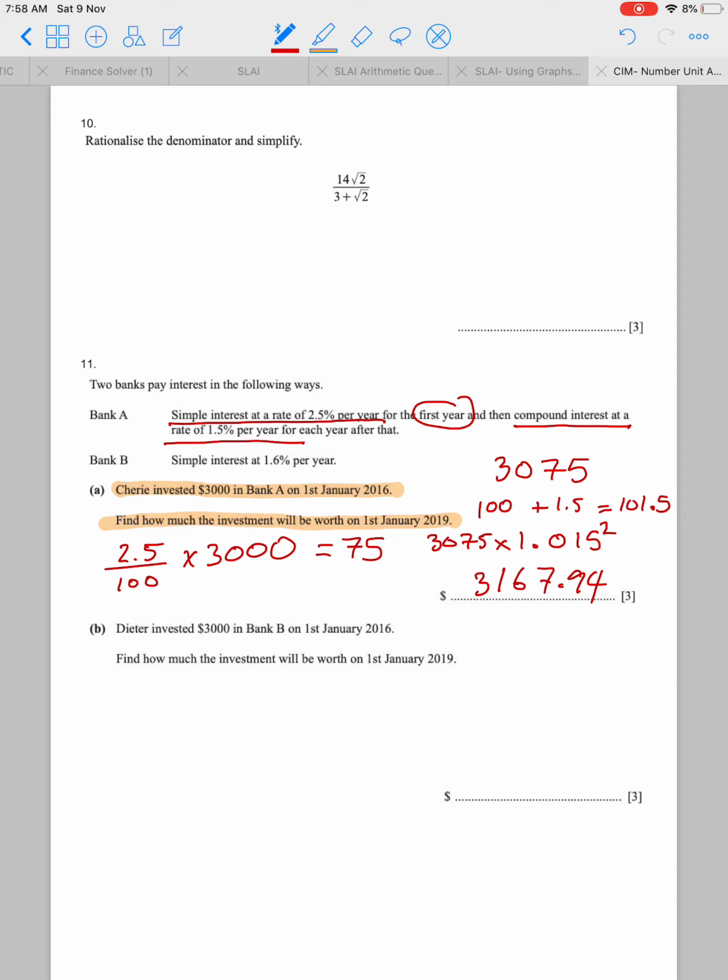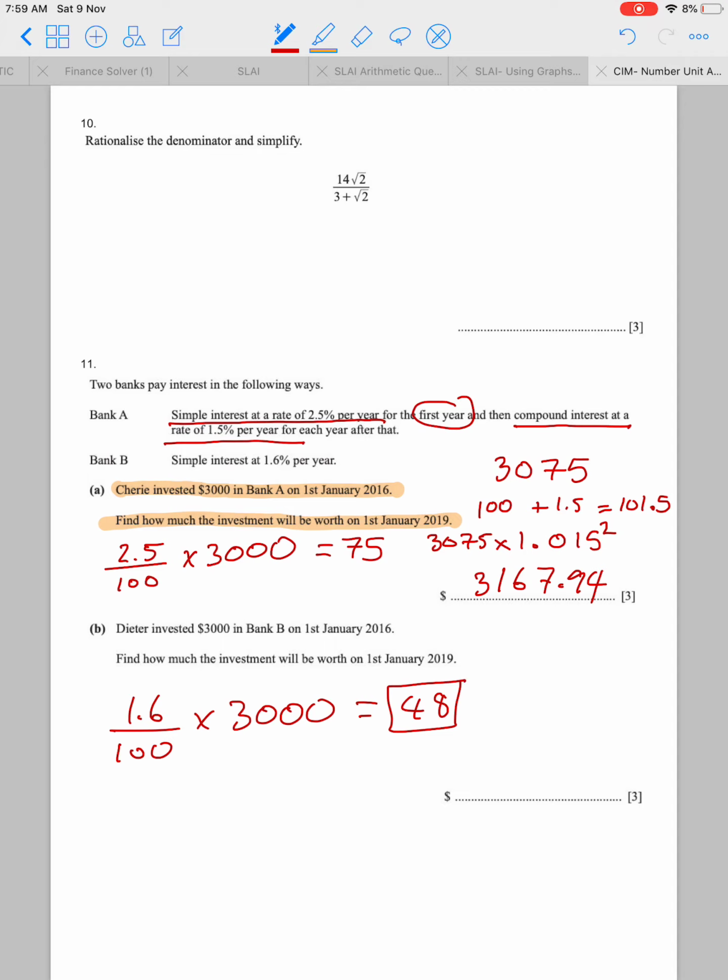Okay, now Bank B. Now this is just 1.6% simple interest. Okay, so again 1.6% of the 3,000. That gives me $48. So each year the interest earned is $48.